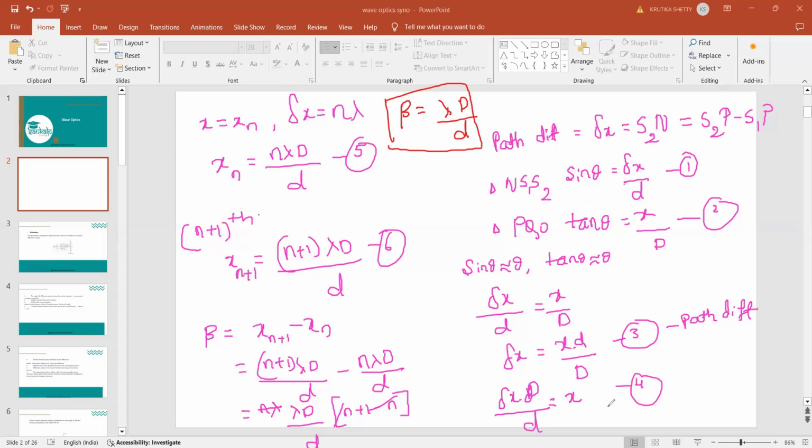Then from that, write delta x and x, and for the bright fringe, delta x becomes n lambda. Substitute that. Then we can do the remaining substitution. So take the nth bright fringe and n plus 1 bright fringe. Take the difference of those two, you will get the fringe width.